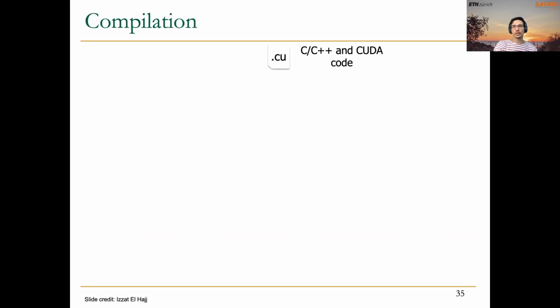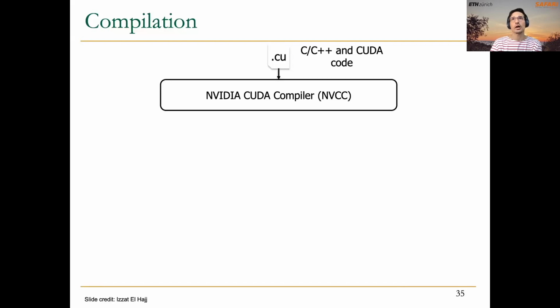Okay, so regarding compilation, now that we have written more CPU code or GPU code, we have to compile before we execute on the heterogeneous system, on the CPU and the GPU. So we are going to have C or C++ code for the CPU, and we have CUDA code for the GPU.